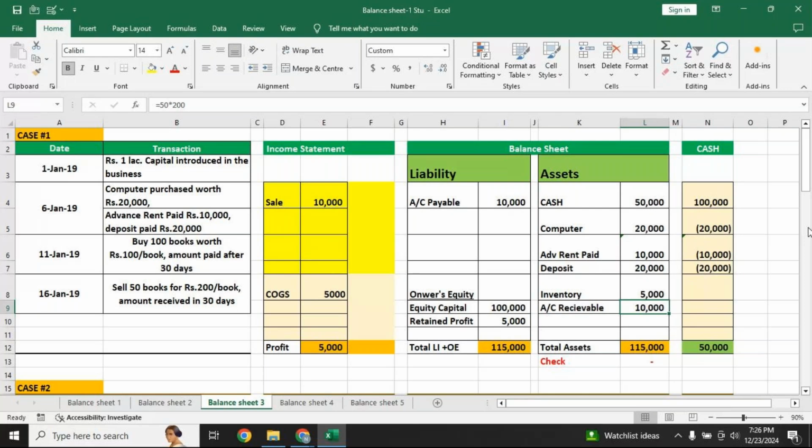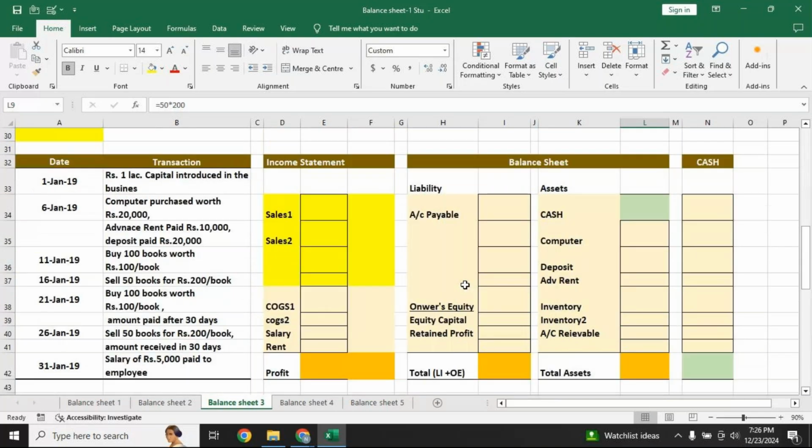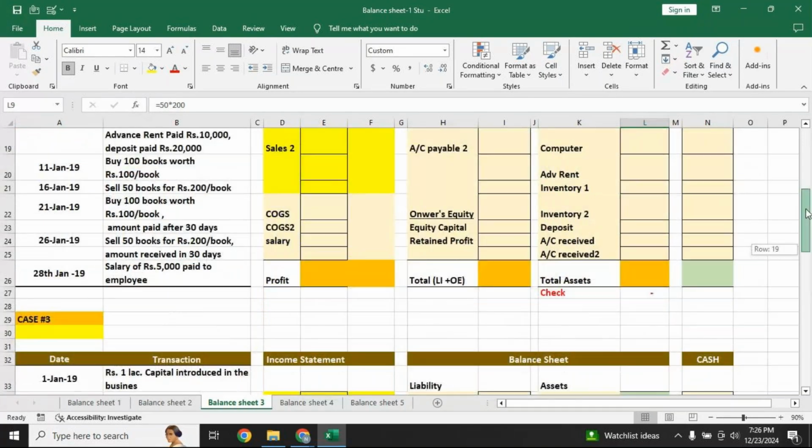Okay, guys, try solving this too. Tomorrow I'll explain this. I'll solve it and show. But before that, I want you to try case study 2 and 3.